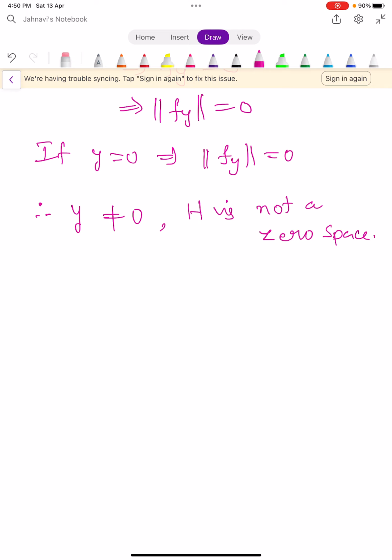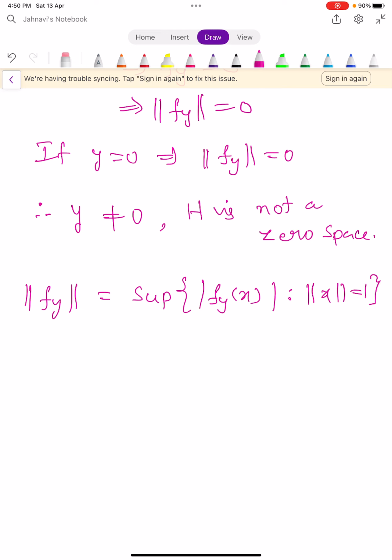So, let us continue. Now by definition, ||f_y|| is equal to the supremum of |f_y(x)| such that ||x|| is equal to 1. Let it be equation number 3. And since y is not equal to 0, y by ||y|| is a unit vector.